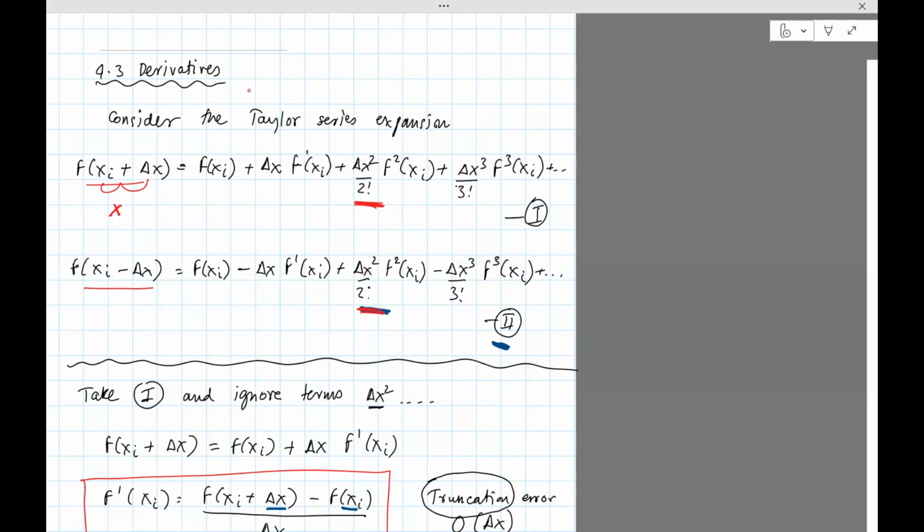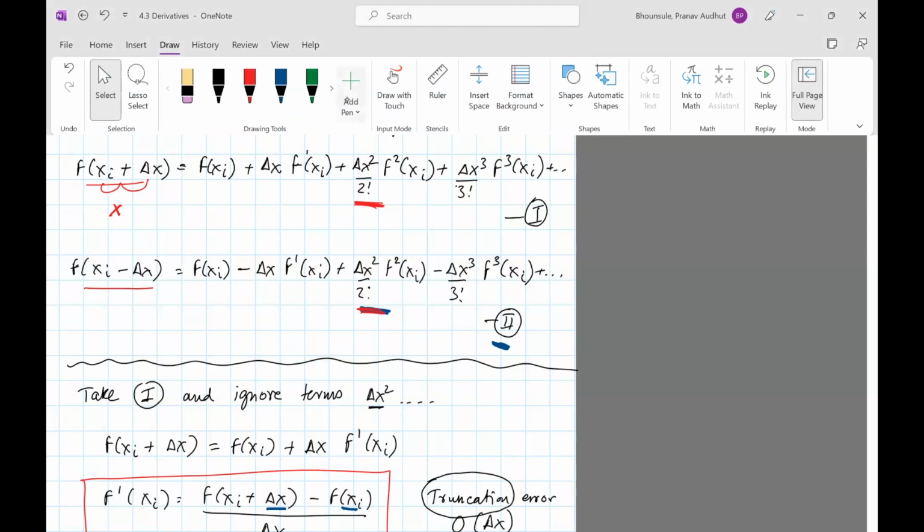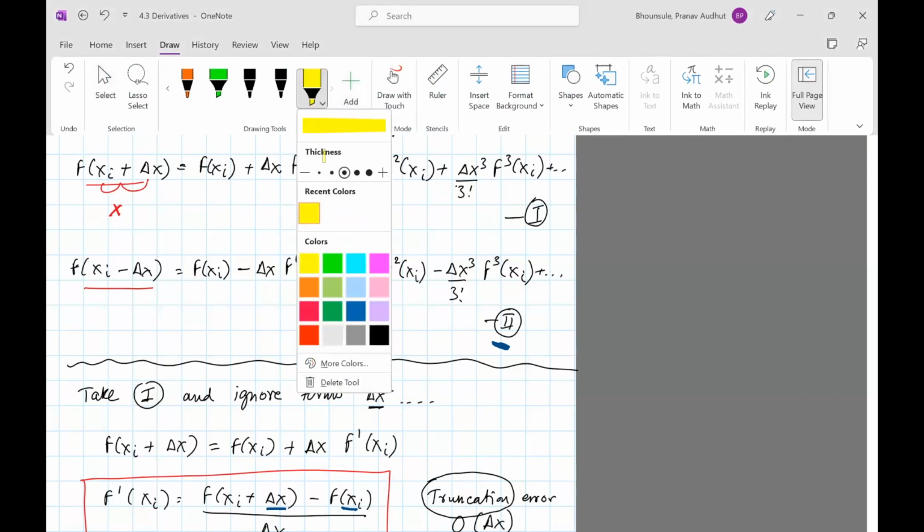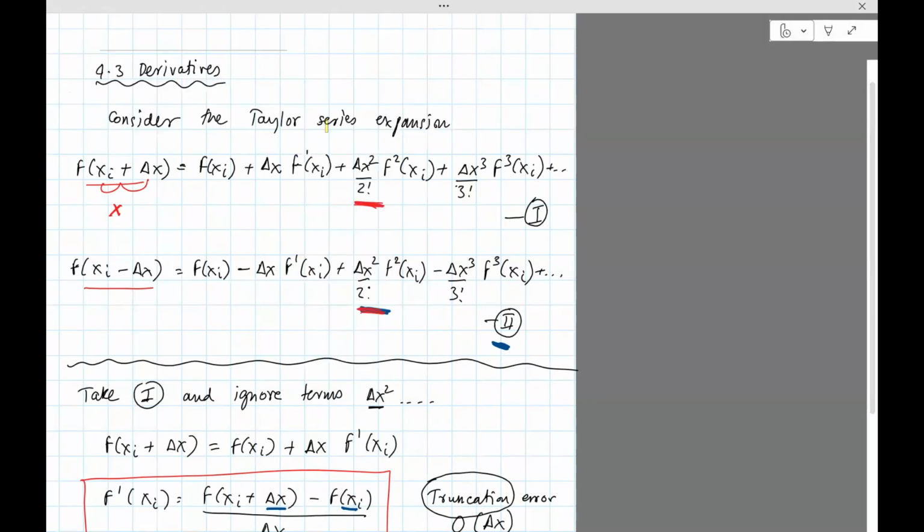One way of doing that is if you subtract 2 from 1, or do 1 minus 2. So if you do 1 minus 2, this will carry over, the f of xi will cancel off, and this will become twice delta x.